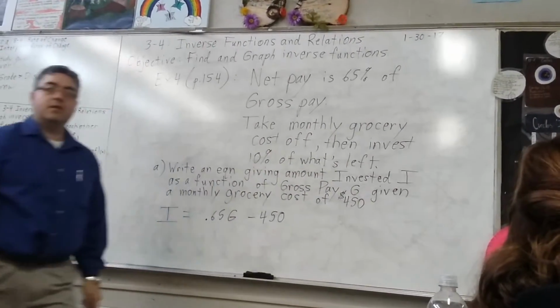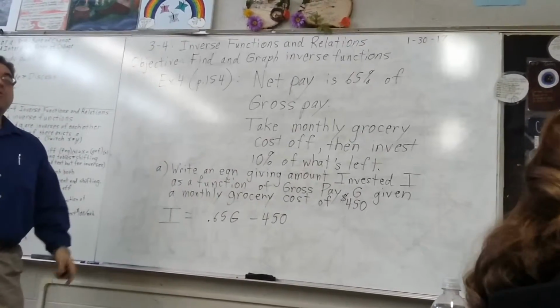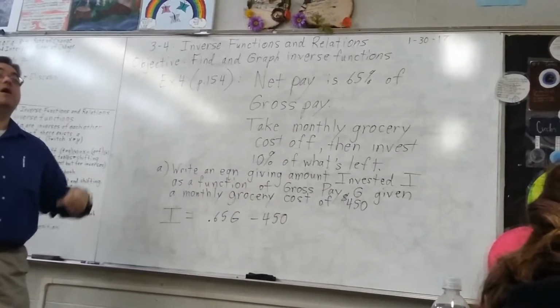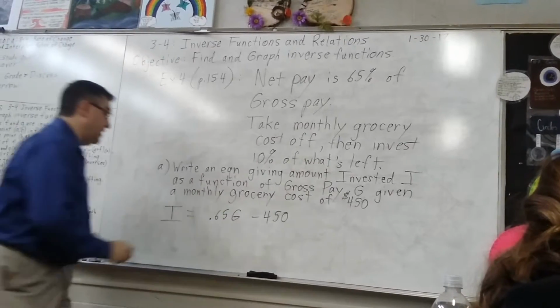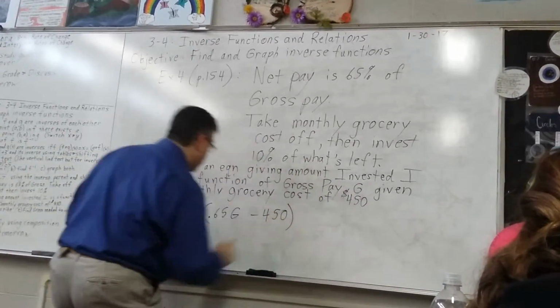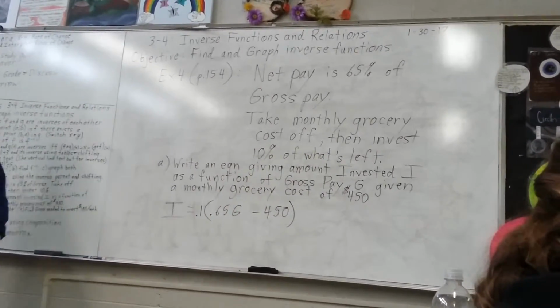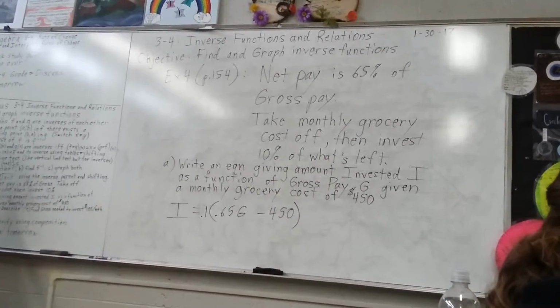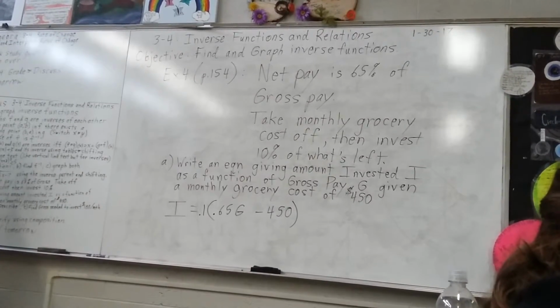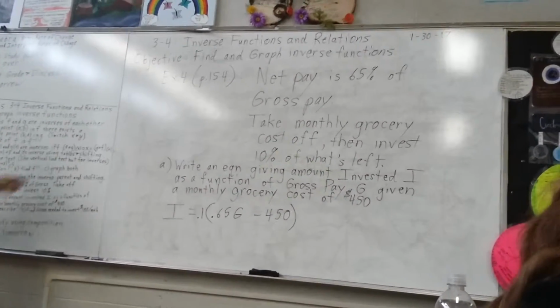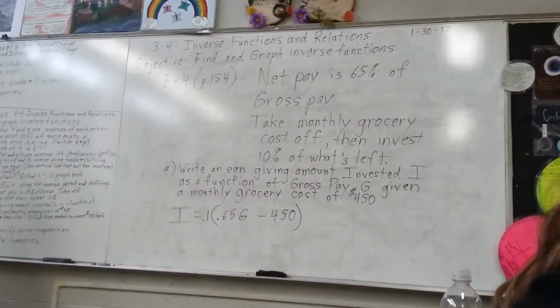And what we're going to invest is 10% of all that, meaning take all of this and multiply it by 10%, 0.1. That is how much we're going to invest. That is it for part A.